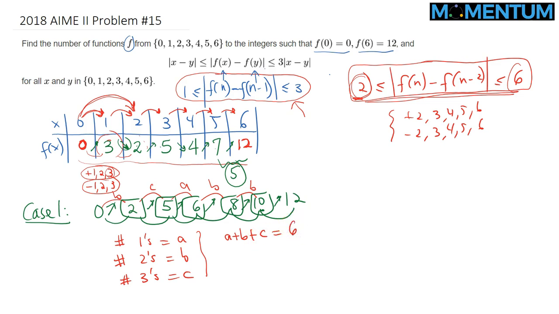But then each A gap contributes 1, each B gap contributes 2, and each C gap contributes 3. We want to start from 0 and reach 12, and that's it.